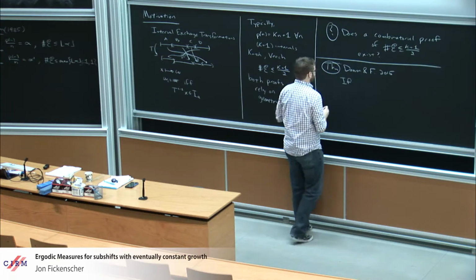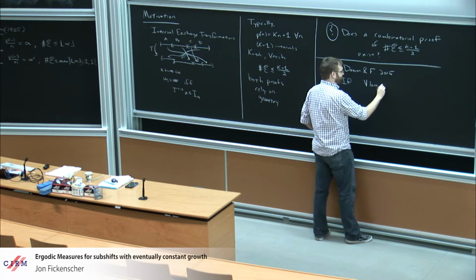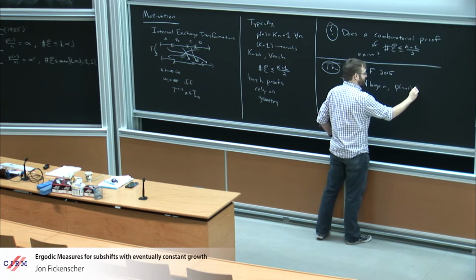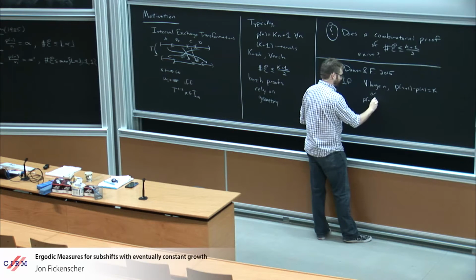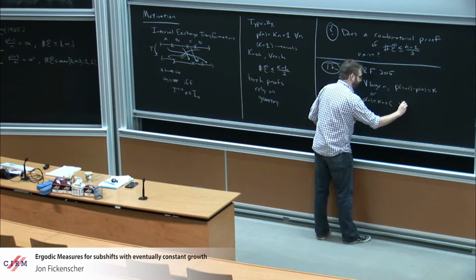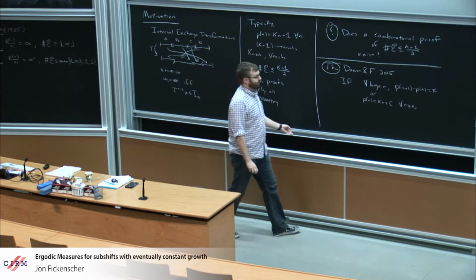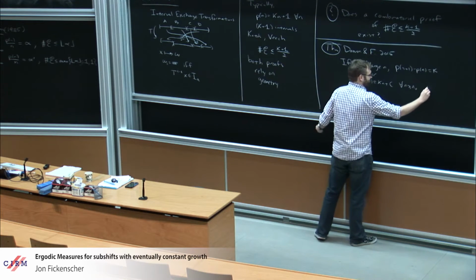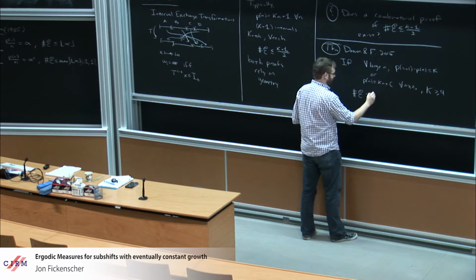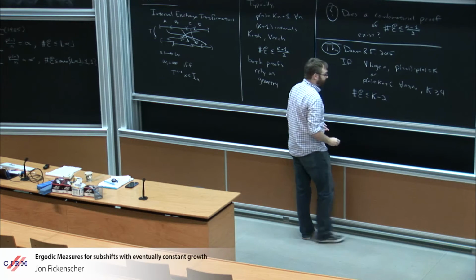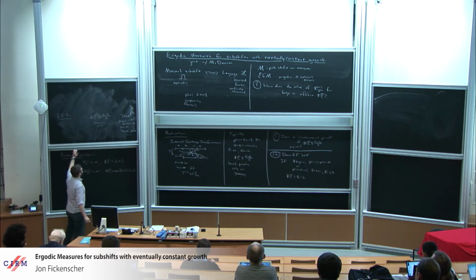If we have this eventual constant growth condition, so much like this, if for all large n, P_{n+1} minus P_n is equal to some constant, or equivalently, I like this expression better, for all large n, the complexity function grows in a way very similar to this, and it has to be for sufficiently large k, the number of ergodic measures is bounded from above by k minus 2. So after 30 years, we have an improvement by 1. That's the first part of the story.